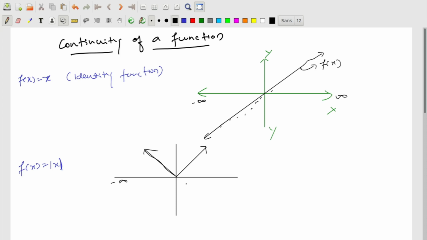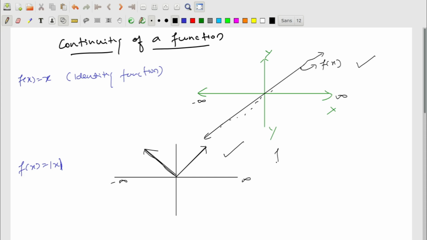It is defined from minus infinity to infinity, so it is defined for all the real numbers. So now here again you can see the curve is continuous throughout the input values, right? So even such a function is called a continuous function. If you can draw the graph of the given function without lifting your hand, or without any discontinuity, then we call such functions a continuous function.